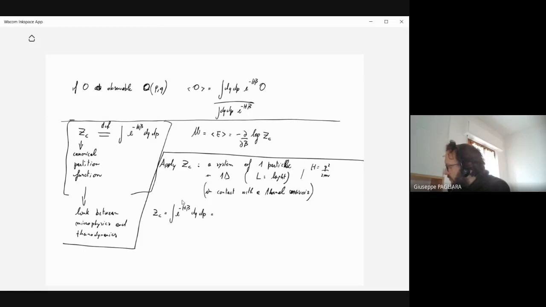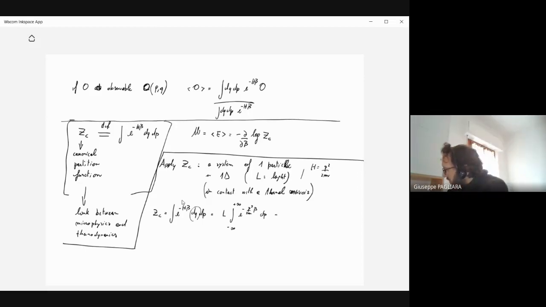I can compute this integral easily, because the integral over dq basically becomes L. In the case of three dimensions, we will have the volume, and we will see this example. Then we have the integral of e to the minus p squared over 2m times beta, dp, over all possible values from minus infinity to plus infinity.